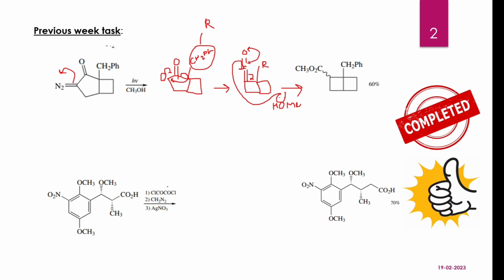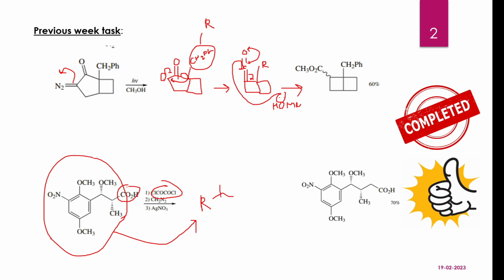What will happen here? This is a chlorinating reagent. From this we will get an acyl chloride. I am writing this total group as R, so R-COCl is the acyl chloride.